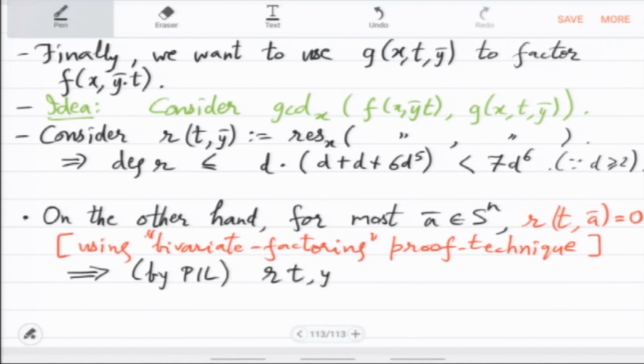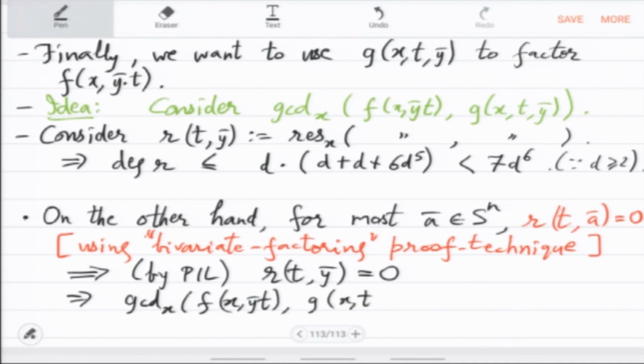That R(t, y bar) is 0, which means that there is a GCD. So which means that F is reducible. Okay, so F is reducible, and this proves Hilbert's irreducibility theorem.